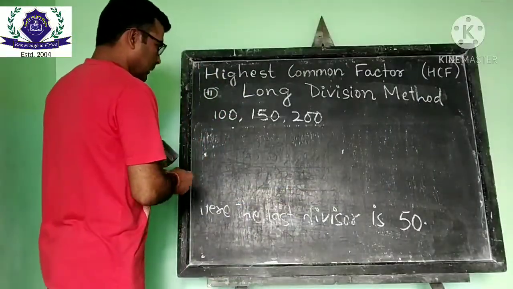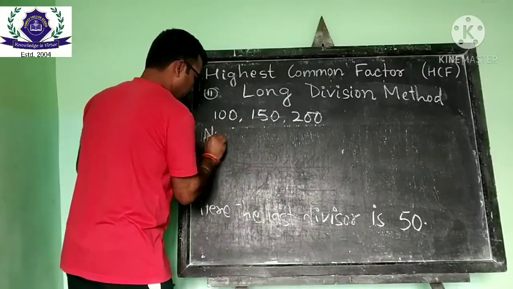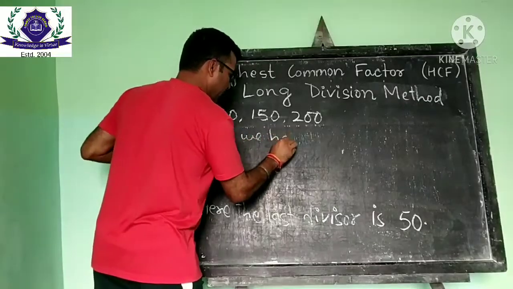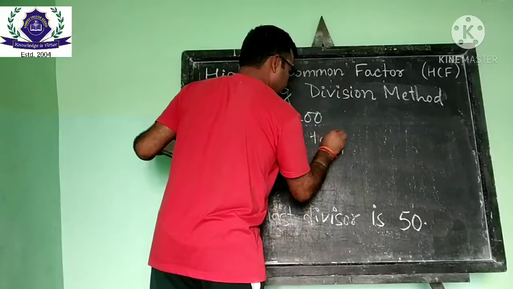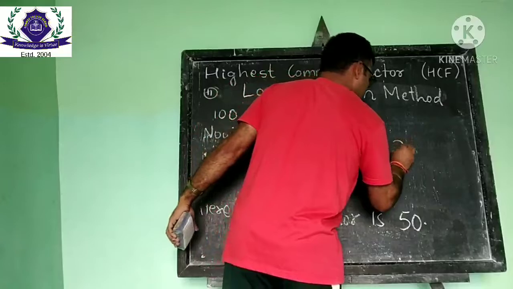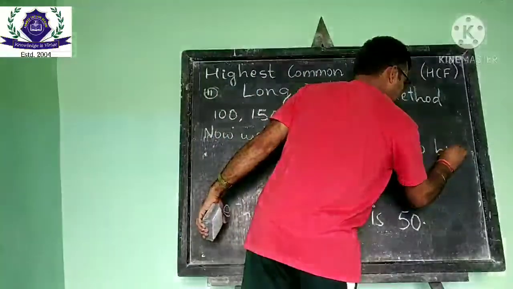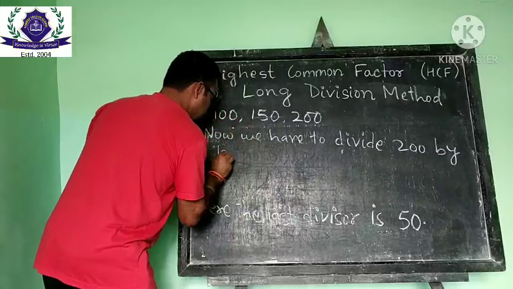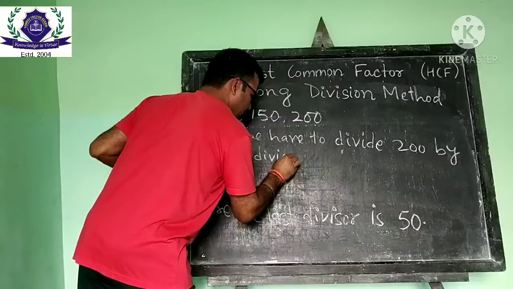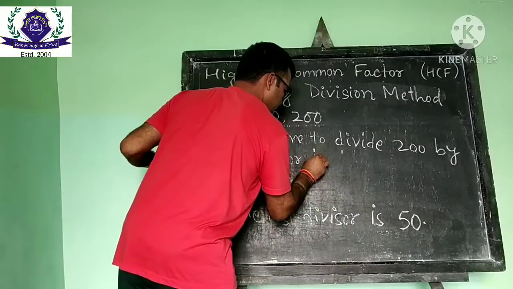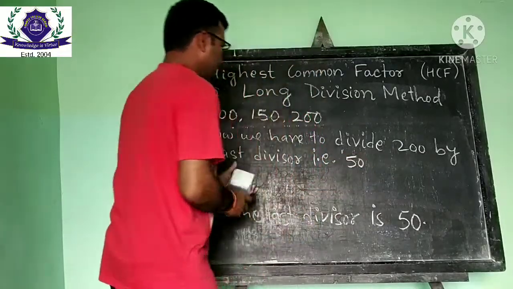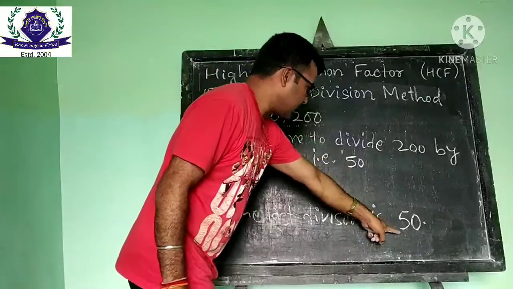Now we have to divide 200 by the last divisor, which is 50. This is the short form I have written. Now we have to divide this 200 by this last divisor 50.